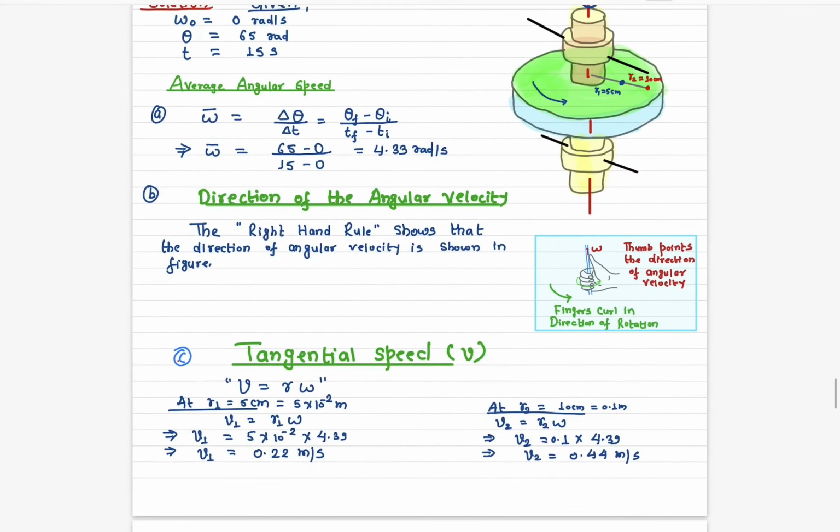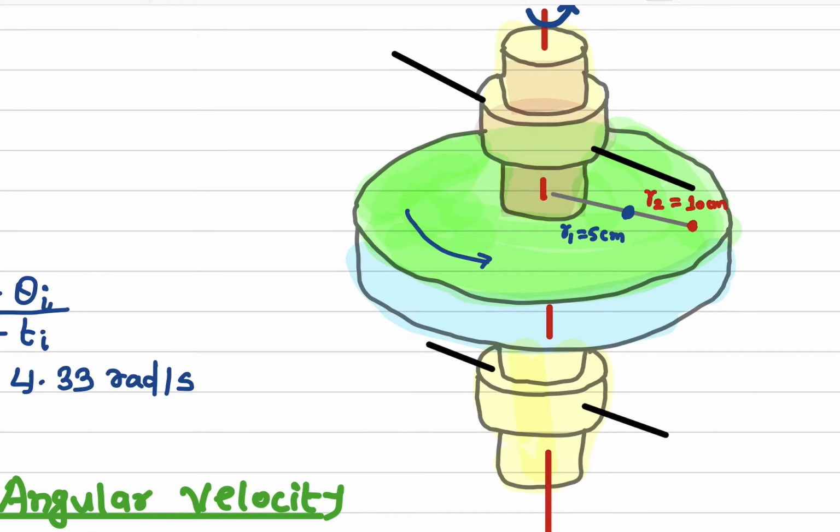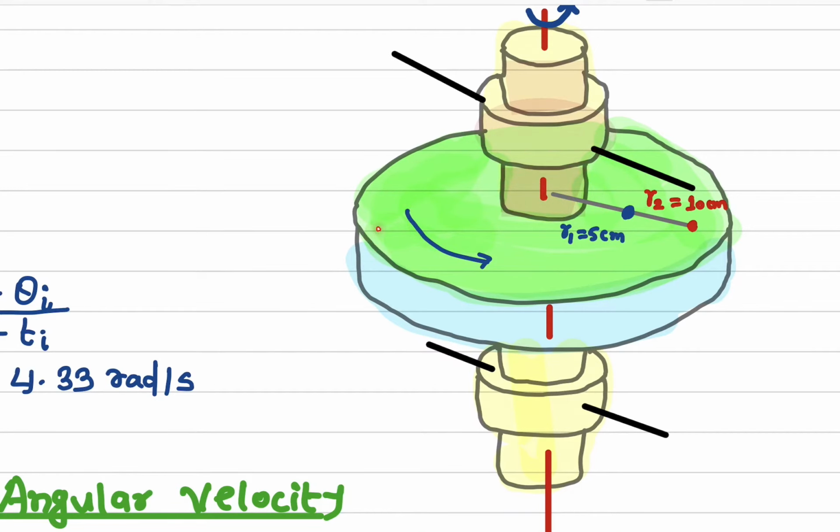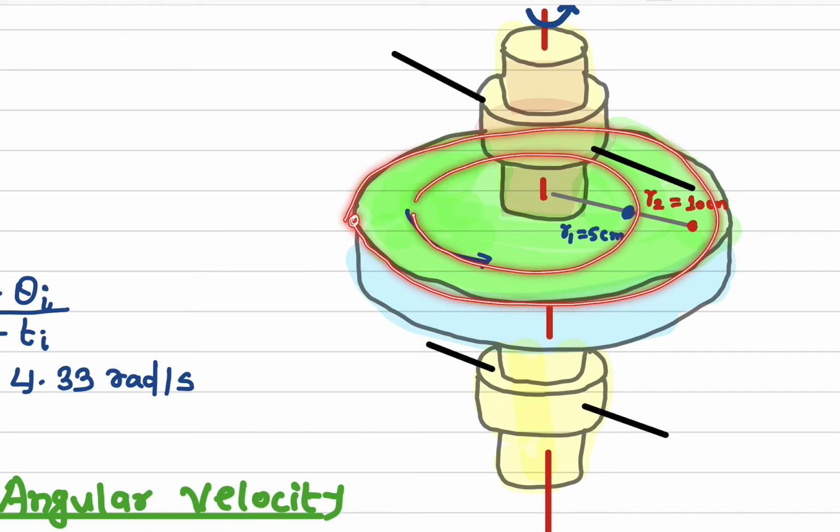Remember two things. The omega, the angular speed at any point, is exactly the same because each point makes one complete rotation in exactly the same time. So the angular speed is the same for all the points, but the tangential velocity is different. For example, this point sweeps out more distance compared to this point here.